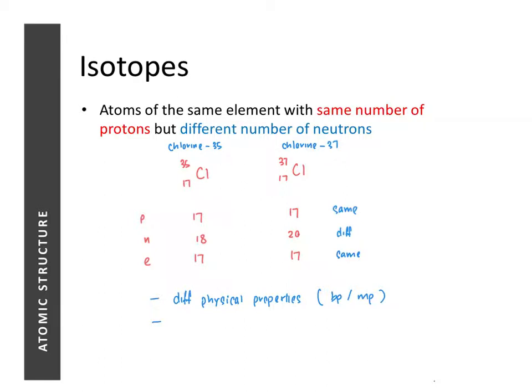So when we have the same number of electrons, we will end up with the same number of valence electrons, meaning isotopes will actually have the same chemical properties, meaning they will undergo the same type of reactions, and they will form the same type of compounds.